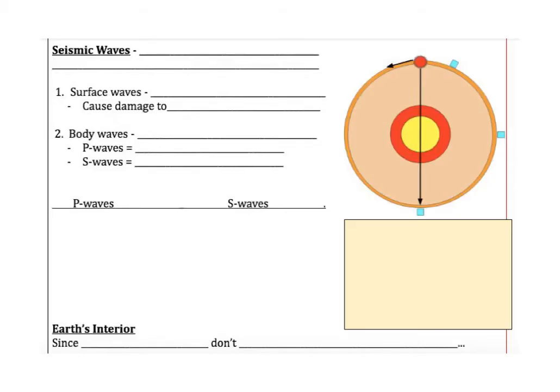So now that you know what a seismograph and a seismometer are, on our diagram we should actually label these. So this is where the earthquake took place, this little red star or sunburst. And when the earthquake takes place, we have surface waves that can reach these little blue boxes. These are seismic stations.